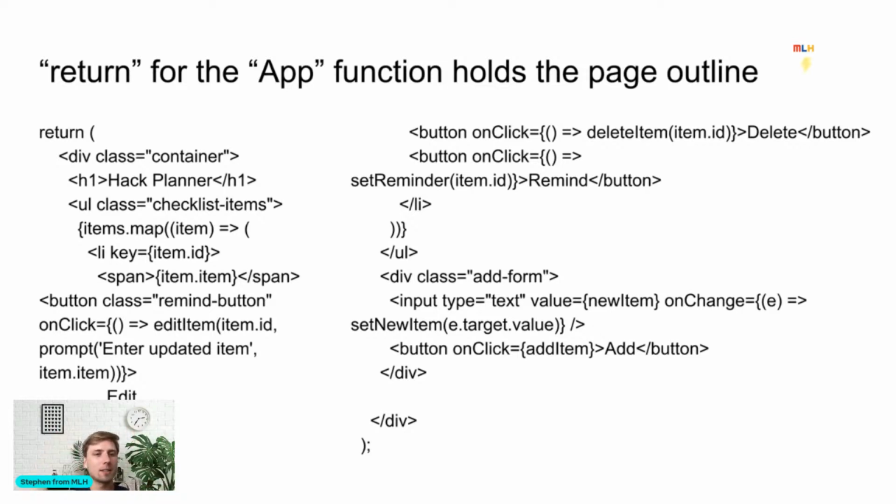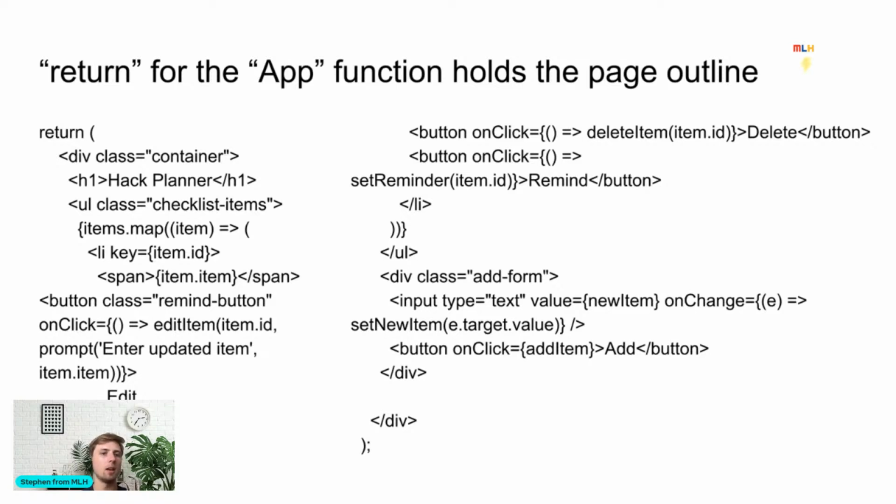And we have our list. So we have the UL class checklist items that's going to store the unordered list. UL stands for unordered list of tasks that we have for the hackathon. Then, we're going to build a map which will map every single item in our database to its own list element. That's what's happening in these curly braces here.